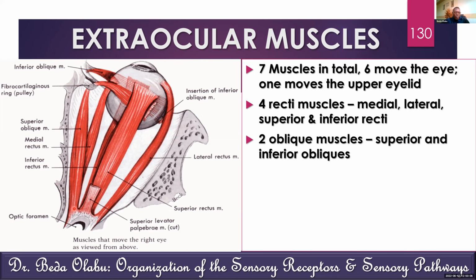So if superior oblique contracts, how will it move the eye? It will pull the posterior aspect of the sclera medially. Just like the steering wheel of a car, if you pull the posterior part this way, the other part goes that way. So the superior oblique muscle will cause abduction of the eye.